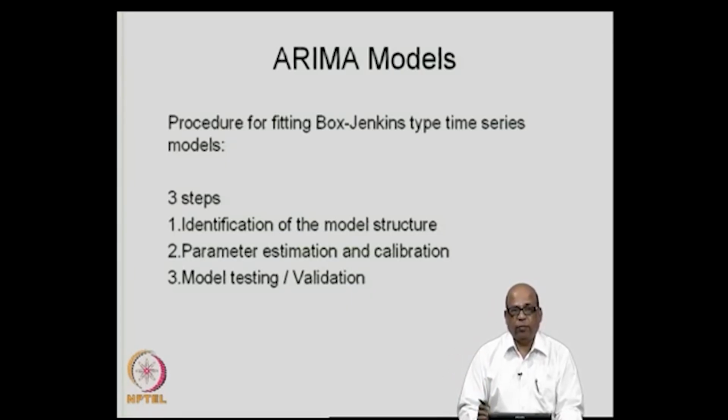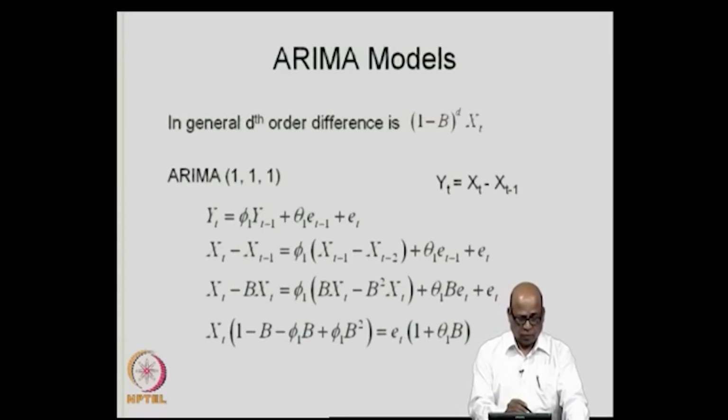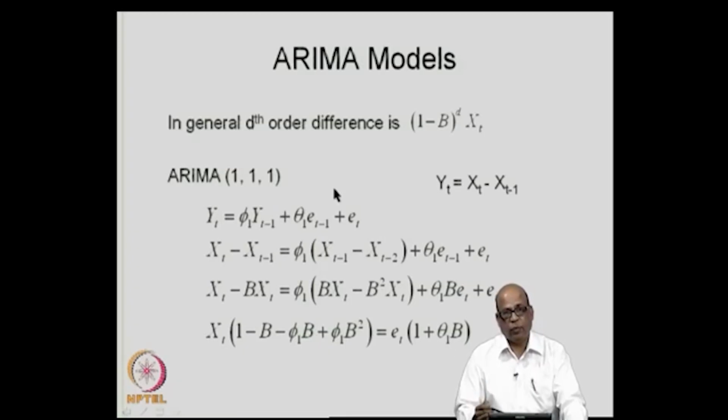So, first you identify the model structure. Then, let us say that you have identified one AR term, one order of differencing and one order of MA term. Then you are left with the problem of estimating the parameters. You have a parameter phi 1 here, you have a parameter theta 1 here in this particular case.